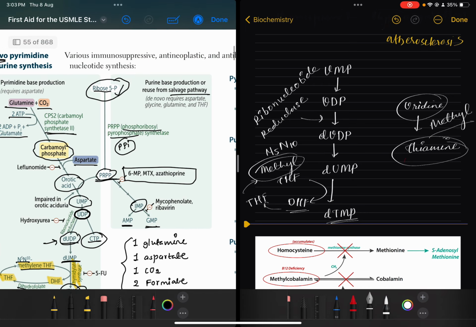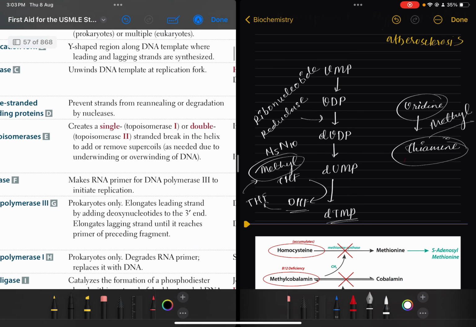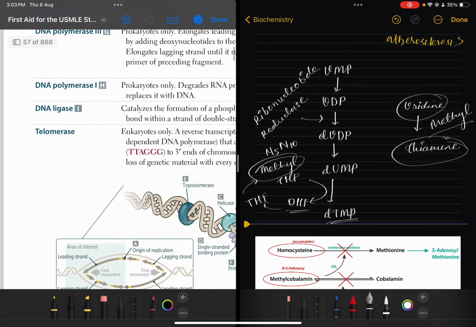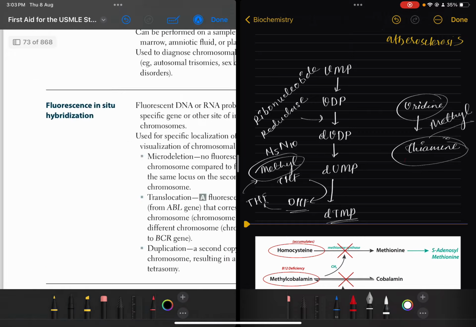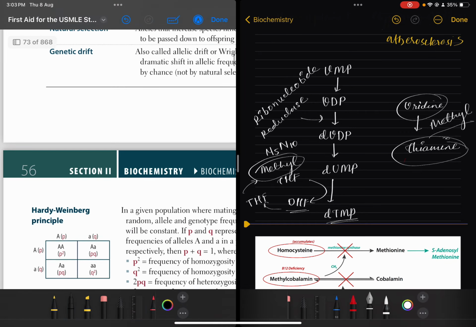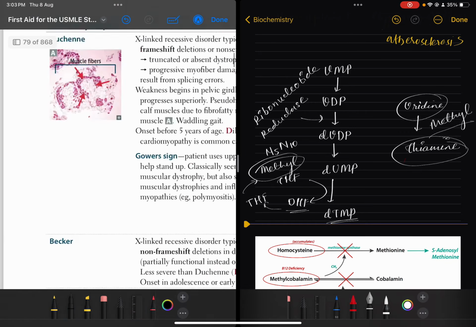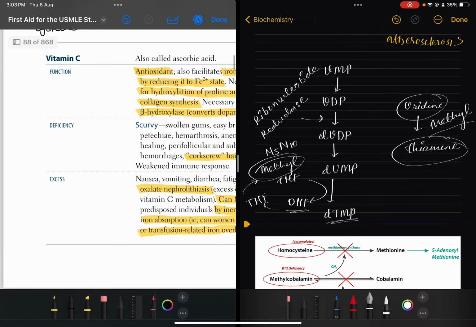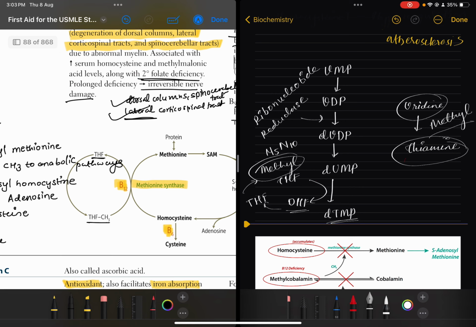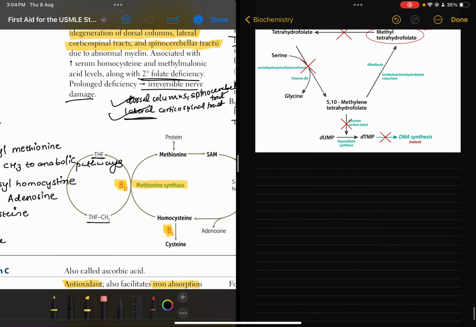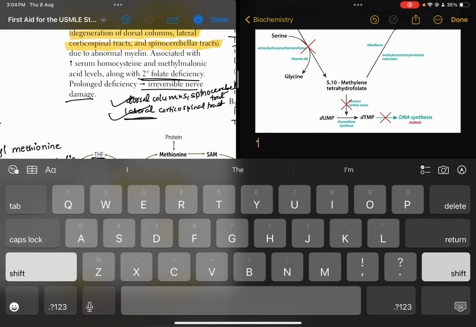Now, this is also important during the formation of amino acids. So let's see how.